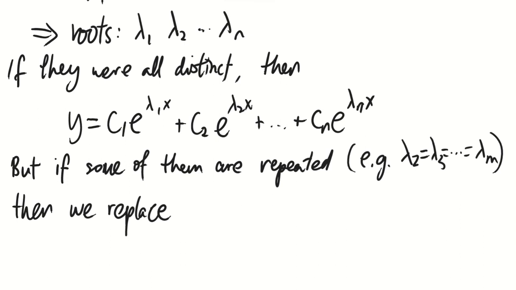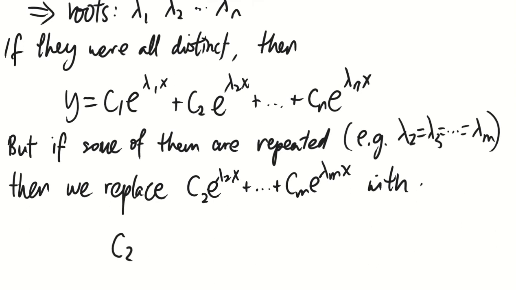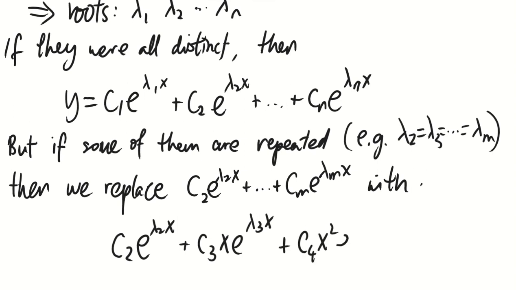We replace c2 e to the lambda 2 x plus dot dot dot plus cm e to the lambda m x with c2 e to the lambda 2 x plus c3 x times e to the lambda 3 x, and then c4 x squared, until we reach the last term, which is cm, and in this case it will be x to the m minus 2, for example. It's just an example.